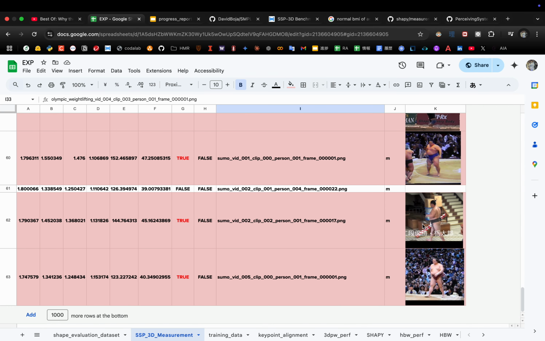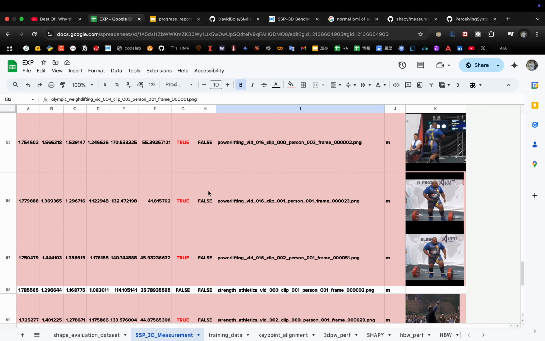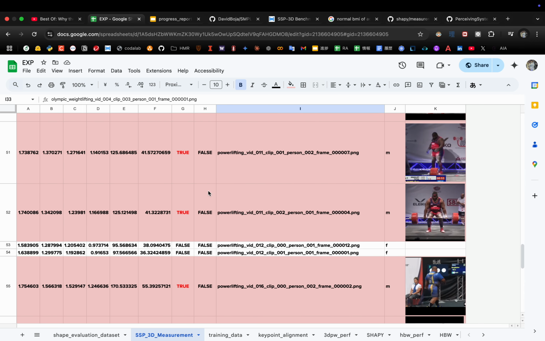Also the data point of sumo, Japanese athletes, they may have a mix of fat and muscle. So I'm not sure whether assuming everyone has the same body density is the correct assumption.